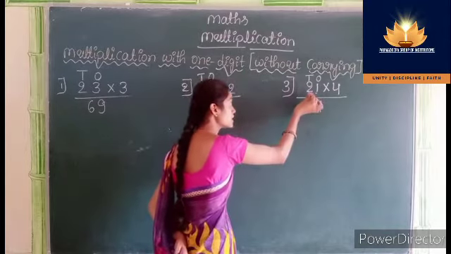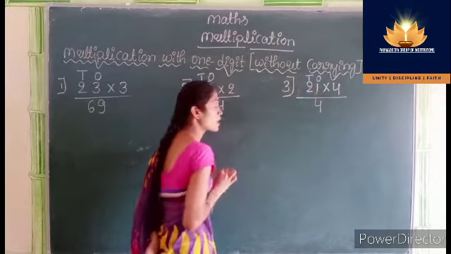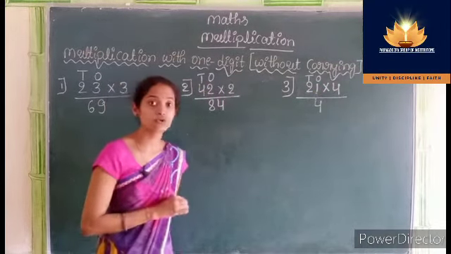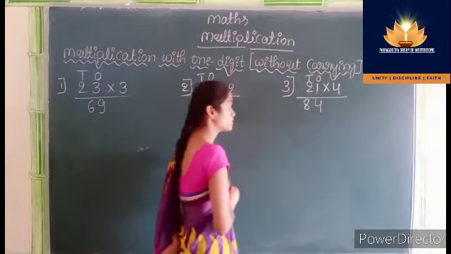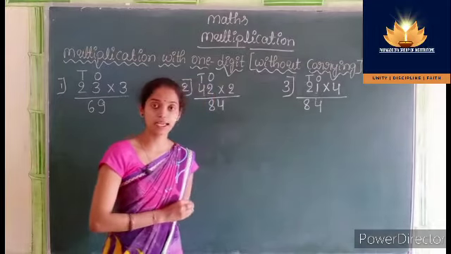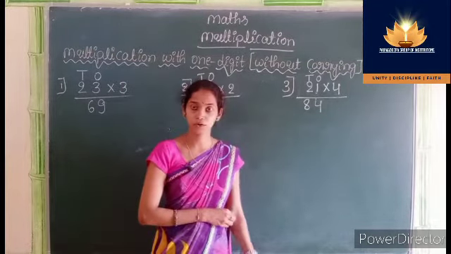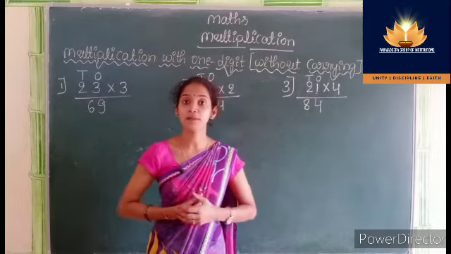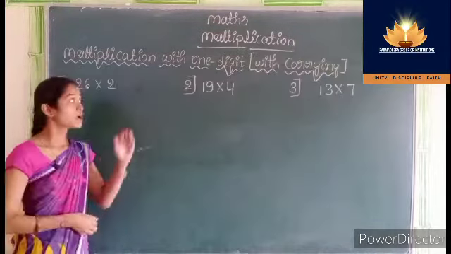So multiply this 2 by this 4. 4 twos are how much? 4 ones are 4. 4 twos are 8. We get 84 after multiplying 21 by this 4. Okay, have you understood, students? Like this we can multiply one digit numbers without carrying.